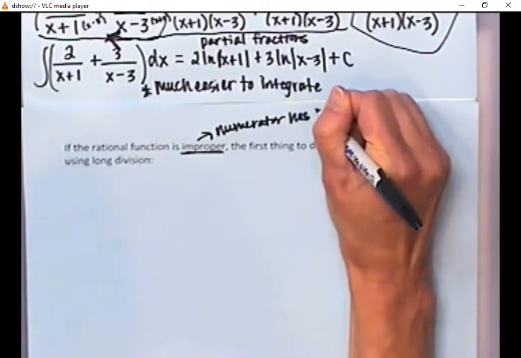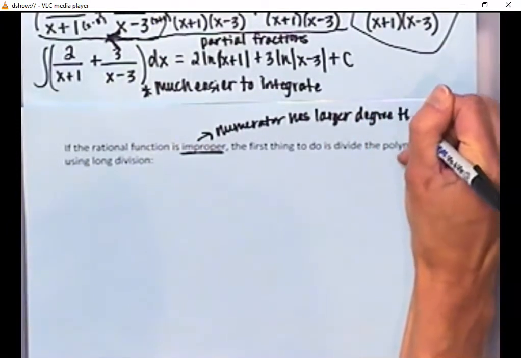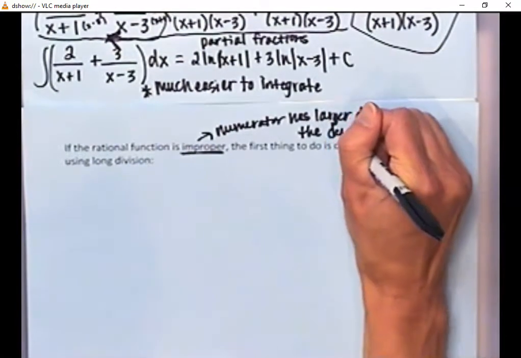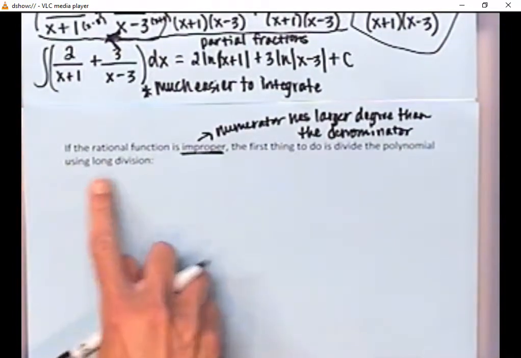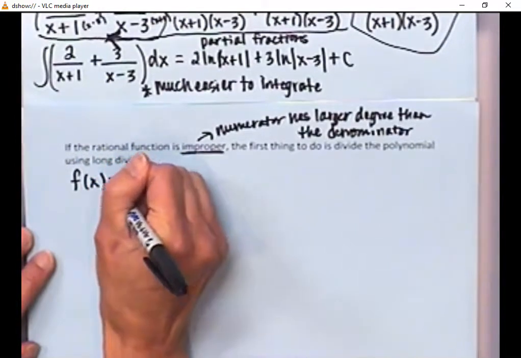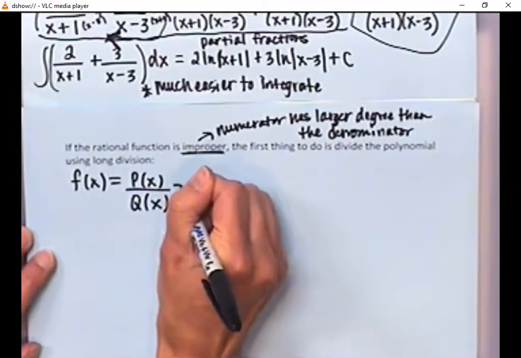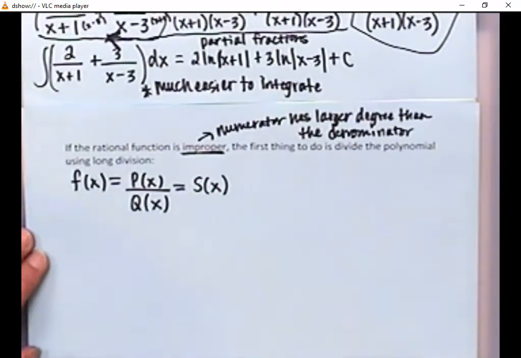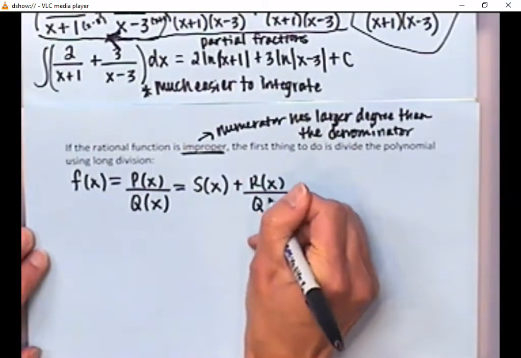So I'll write that here. So when the numerator has a larger degree than the denominator, it is what we call improper. And if that's the case, then actually the first step you always want to do is divide using long division. So it basically will become this. So if you have this rational function, where is improper, you can divide it out and you'll get some polynomial, I'll call it s of x, plus some remainder that you can rewrite as a fraction.